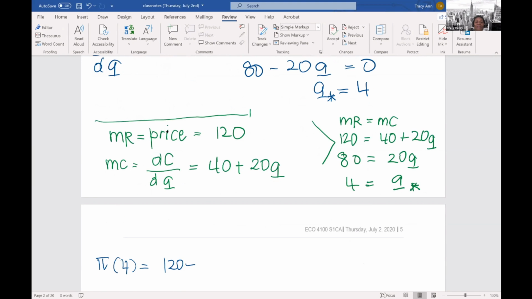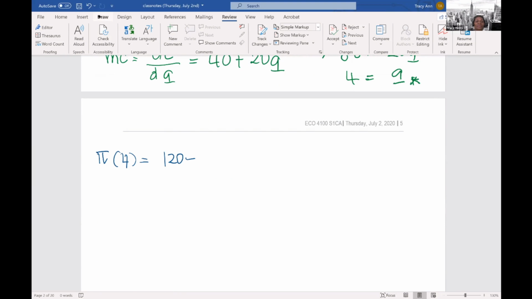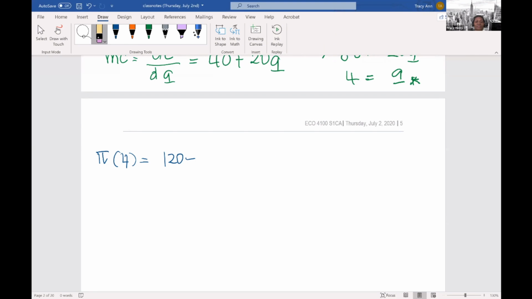So 120 times 4 minus 120 minus 40 times 4 minus 10 times 4 squared.